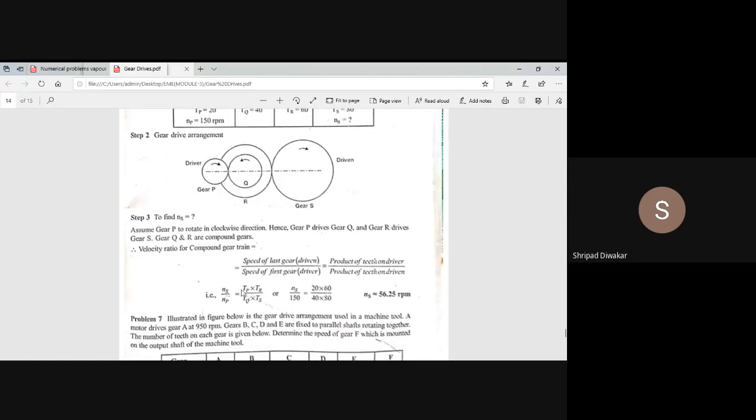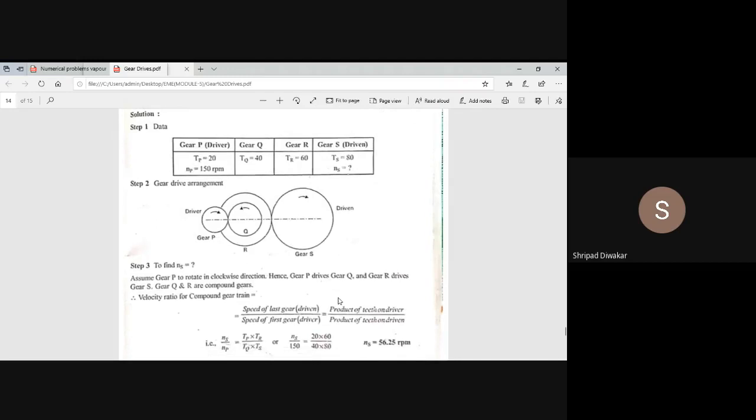Okay, just substitute all the values. So NS we don't know, NP is given in the problem as 150, equals the number of teeth given in the problem. So after substituting the values, we get the speed as 56.25 rpm.